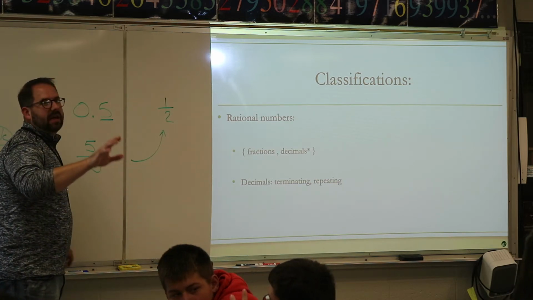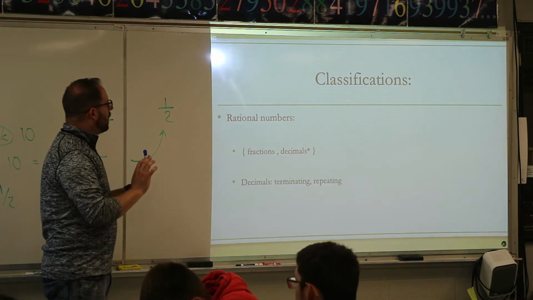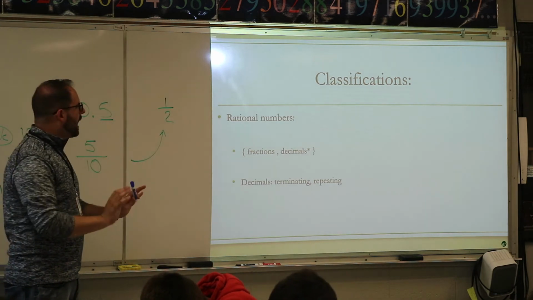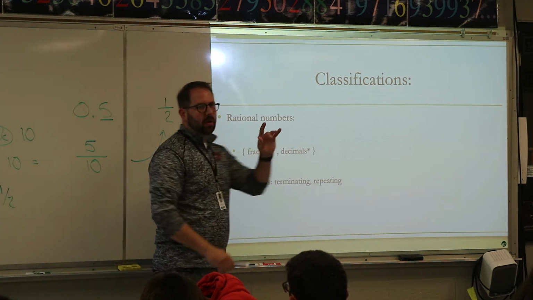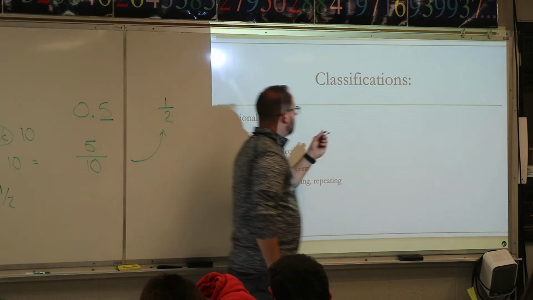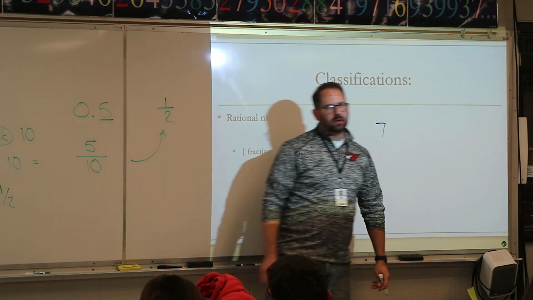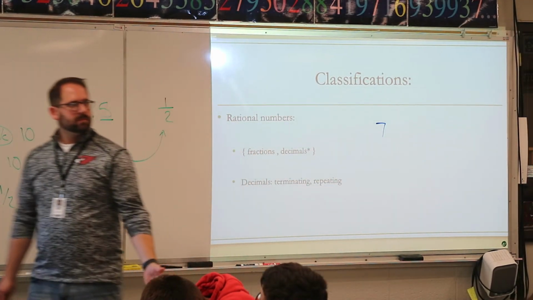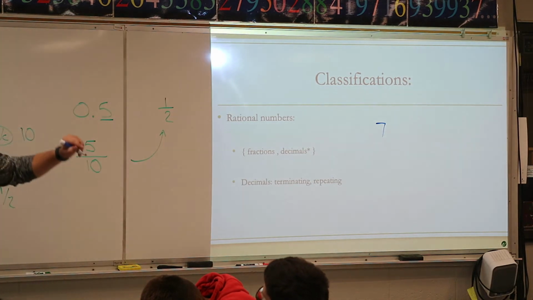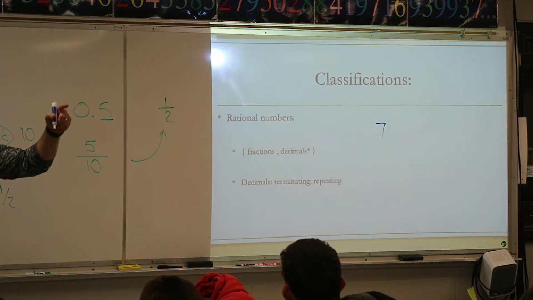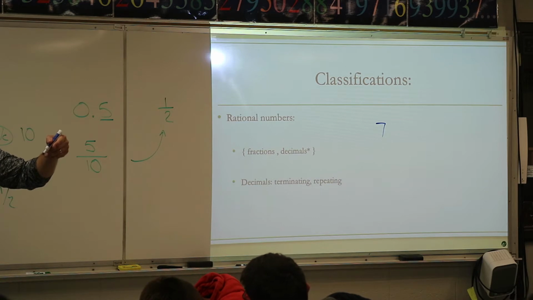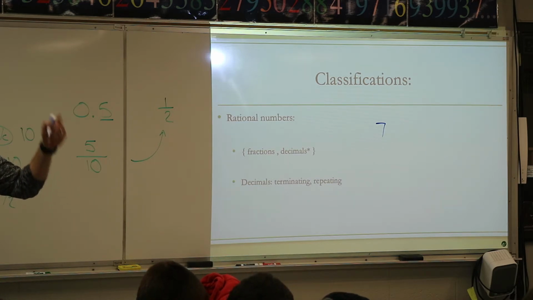Anything you write as a fraction or a decimal that repeats or ends can be a rational number. Now, here's my question. The number 7. What classification does 7 fit into? Whole or natural or an integer.